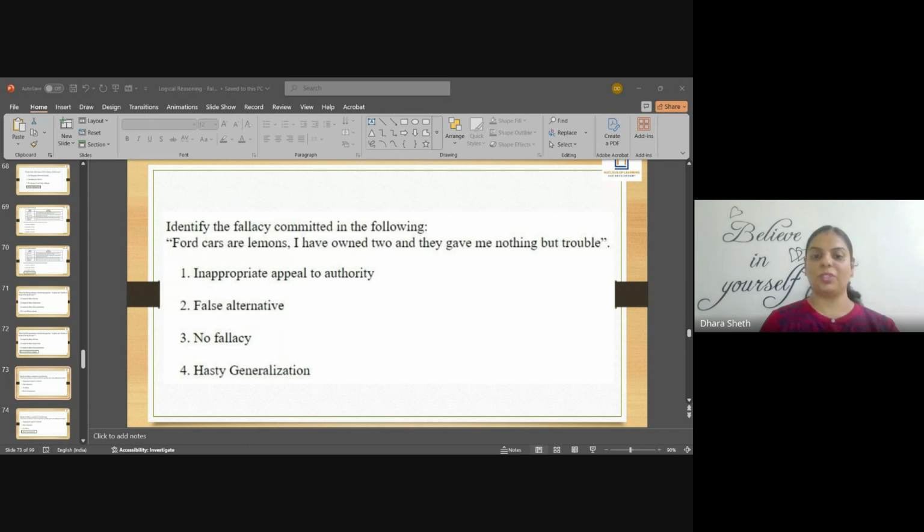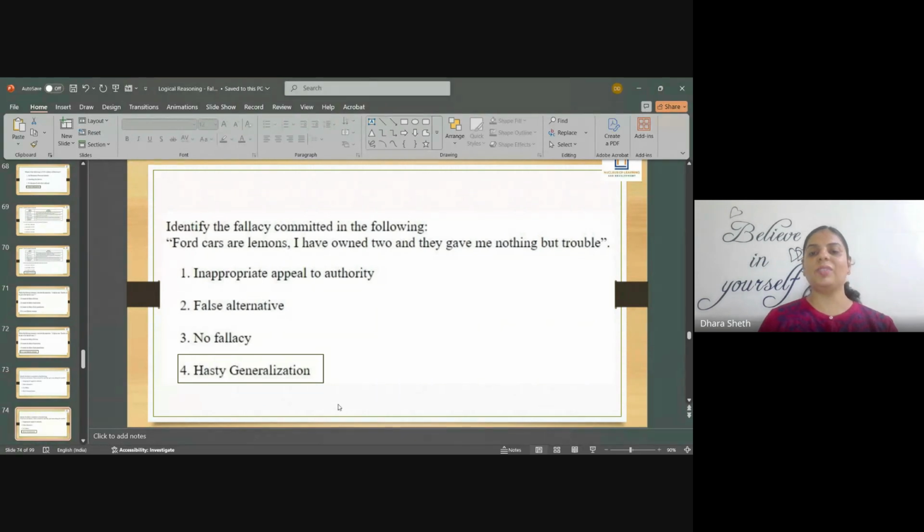See, there's also an option called no fallacy. So finally, we have an example of hasty generalization. The sample size is only two Ford cars, and it is concluded that all Ford cars are lemons or all Ford cars are faulty and they give trouble. Okay.